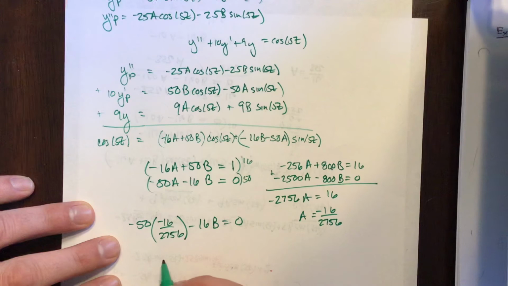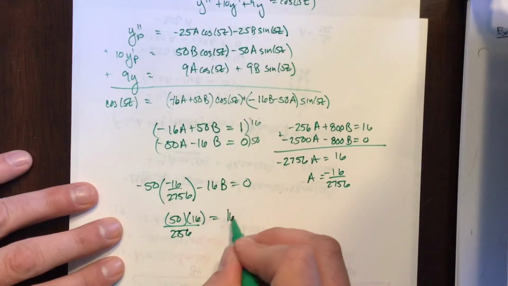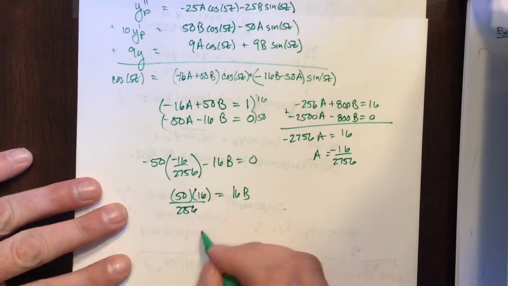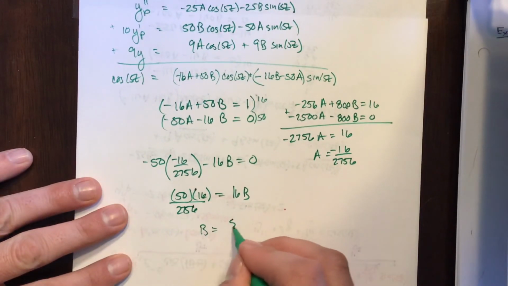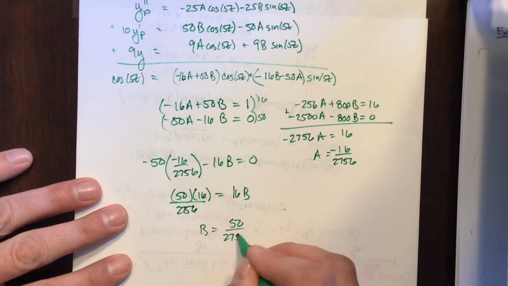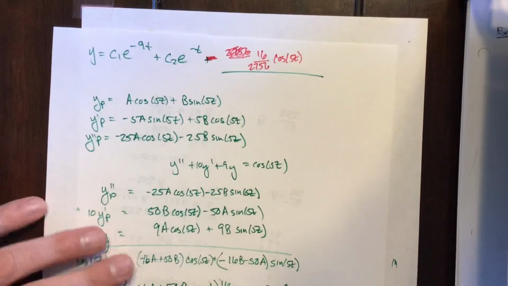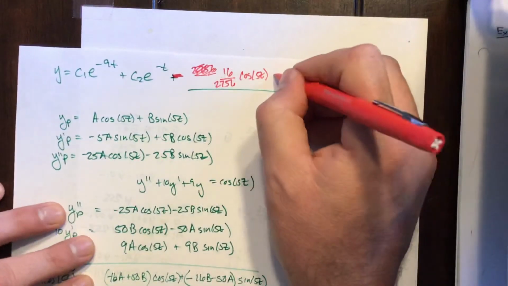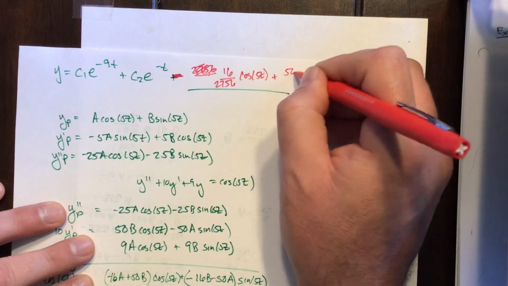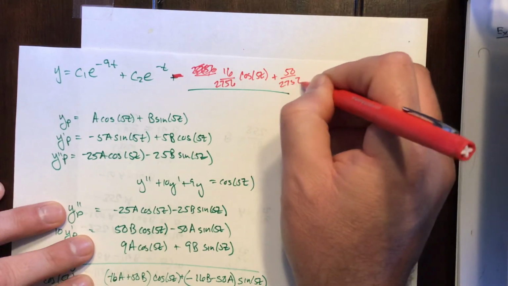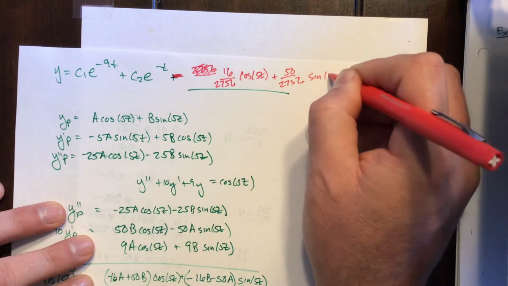So that's 50 times 16 over 2756 is equal to 16b. 16's cancel, so b is 50 over 2756. So that's plus 50 over 2756 sine 5t.